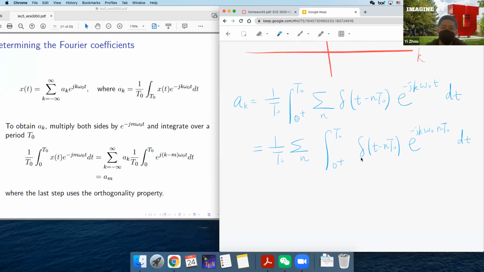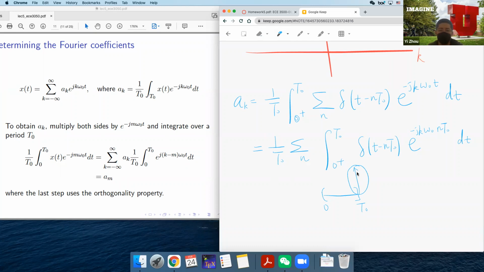But now, since we are taking integration between 0 and T naught, the only arrow that lies in this integration is this one. Because we exclude the 0 one, so this one does not exist.